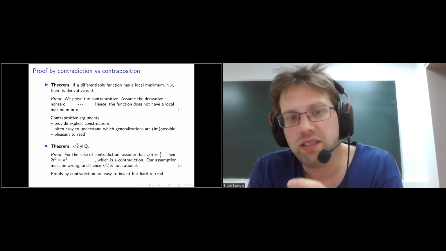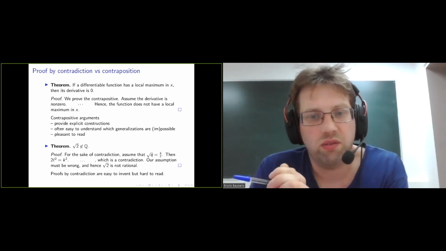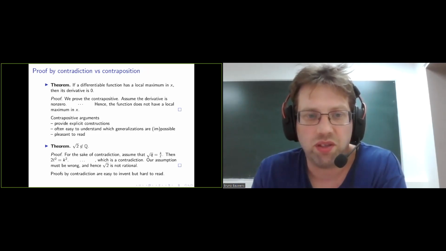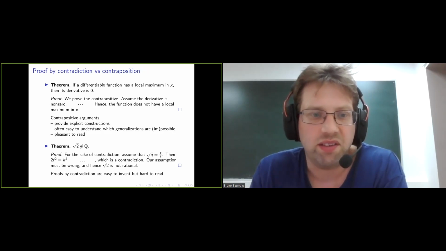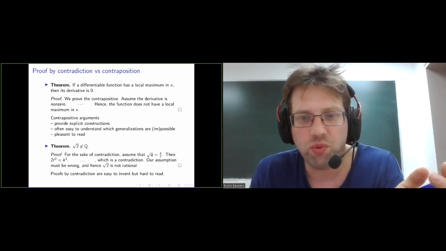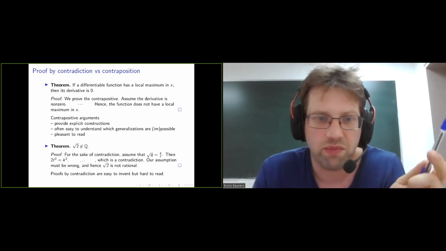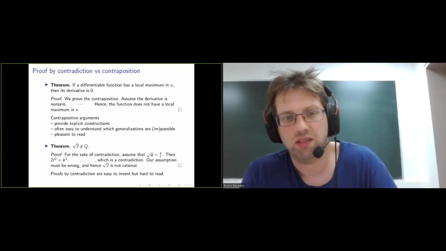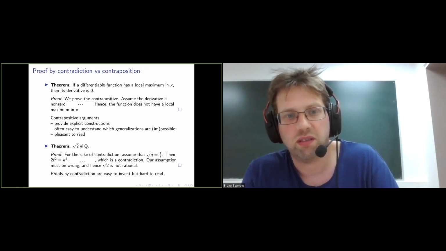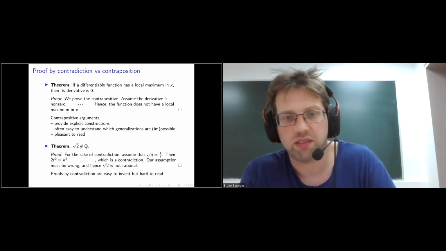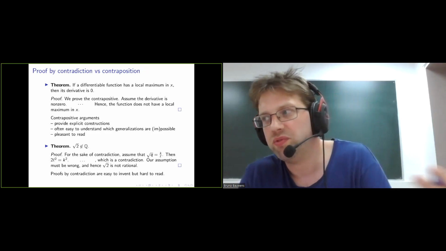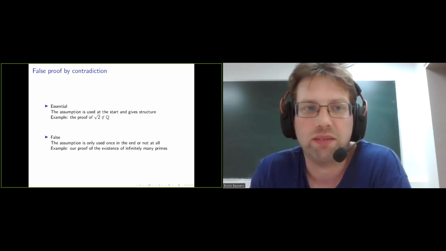Proof by contradiction means that you look at the negation of the statement that you want to prove, and then you prove that 1 equals 2 or something other that is a contradiction. And then you conclude that the original contradictory assumption is false. So that's how we prove that there exist infinitely many primes.